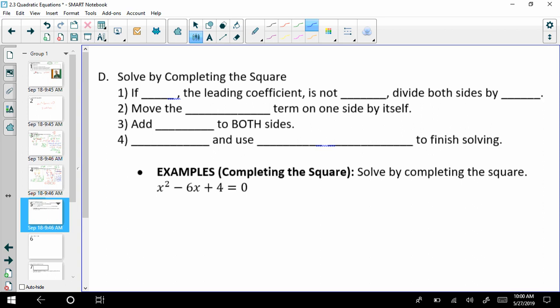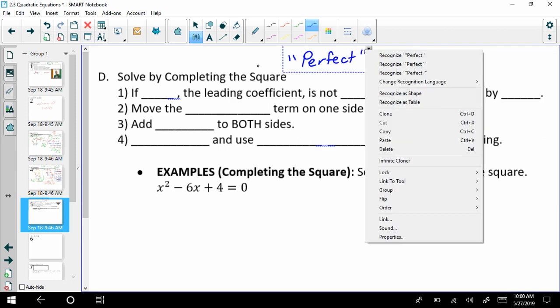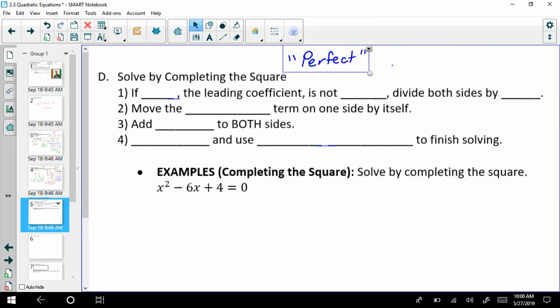To complete the square, I always think of this method as we are trying to make the quadratic equation perfect. So we'll go through the steps here. You don't have to worry about step 1. We're not going to mess with that.